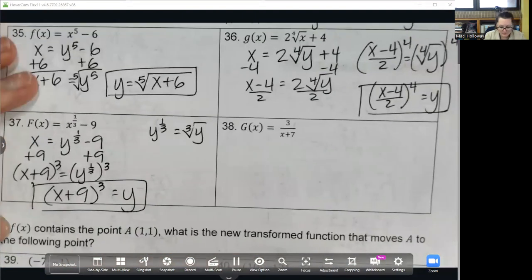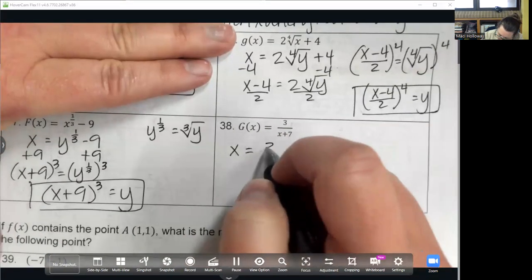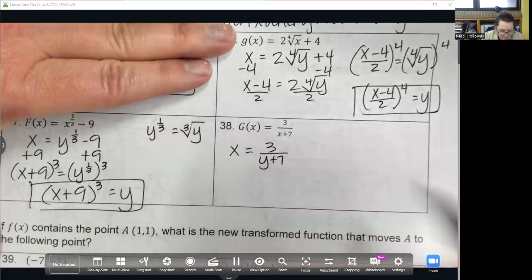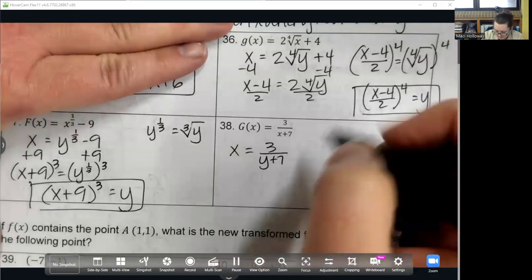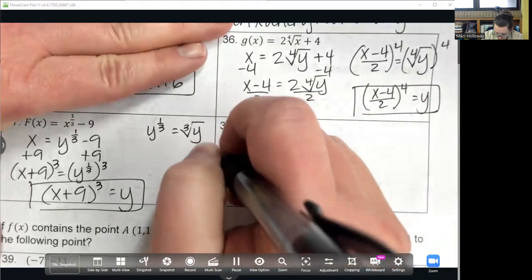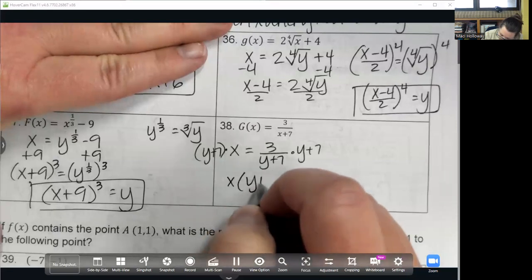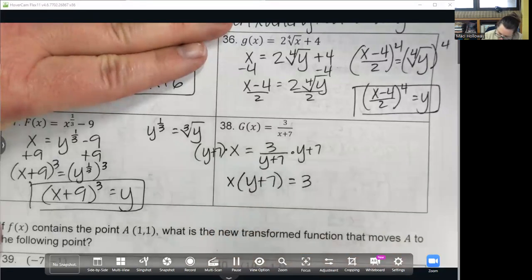All right, last one. This one takes the most amount of steps. Switch x equals 3 divided by y plus 7. We can only multiply by the denominator, so let's multiply by y plus 7. I'm going to use my algebra skills because this is x times y plus 7 equals 3.